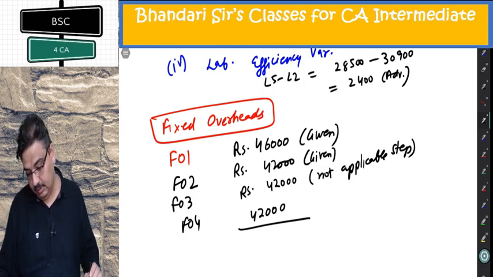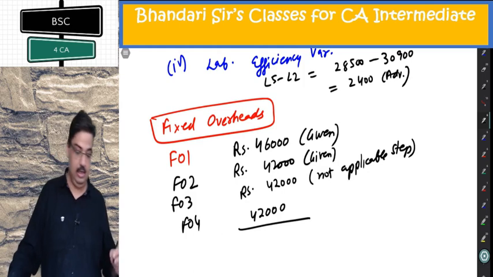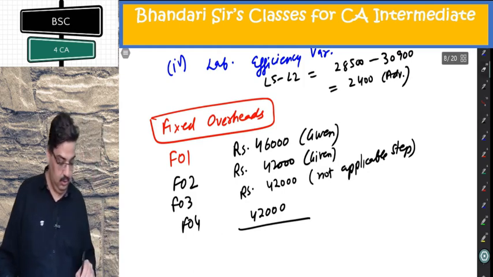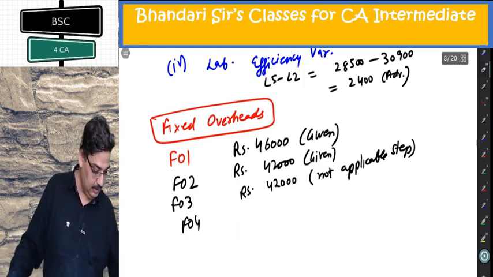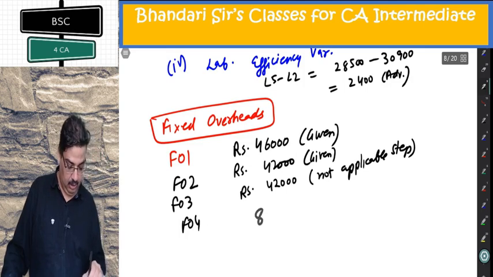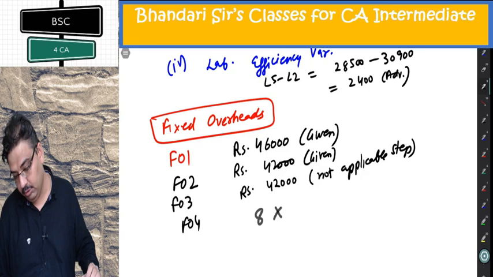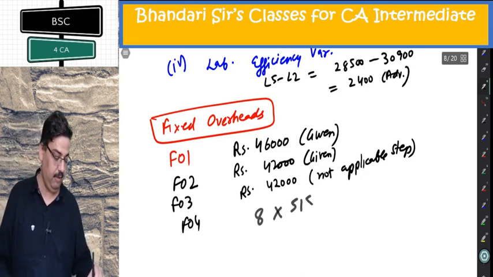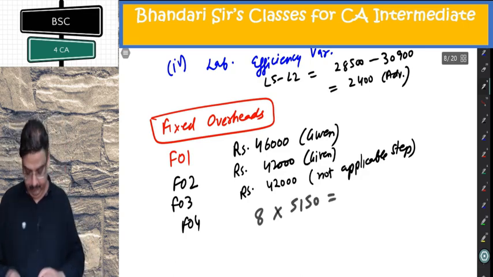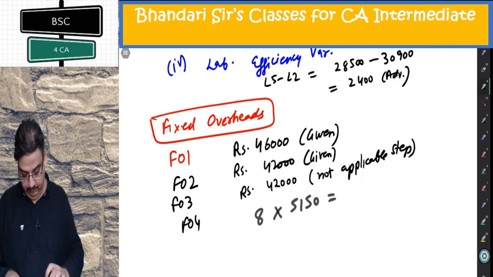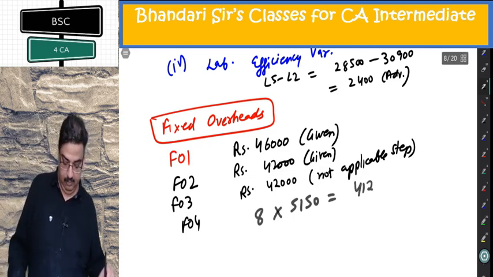No, you are given overheads 8 per labor hour. It is given 8 rupees per labor hour multiplied by actual labor hours which were worked and paid, which are same, 5150. 5150 into 8. 41,200.